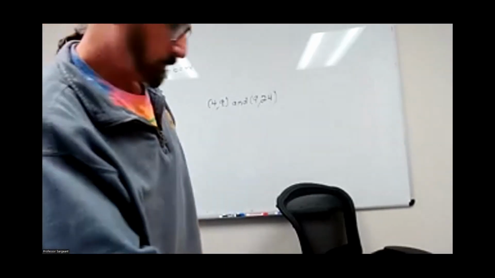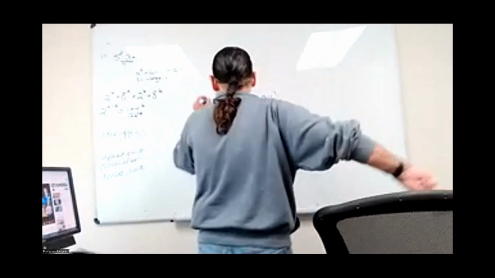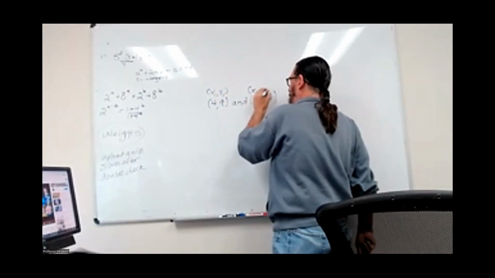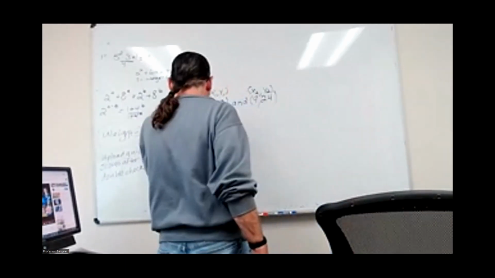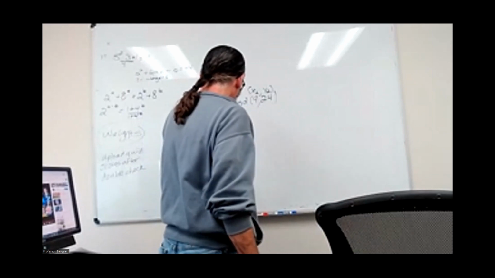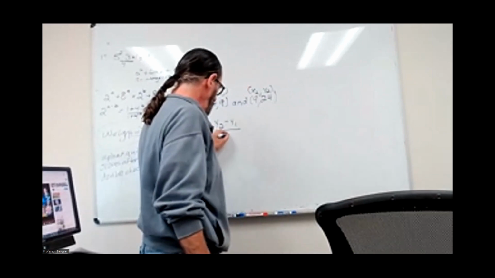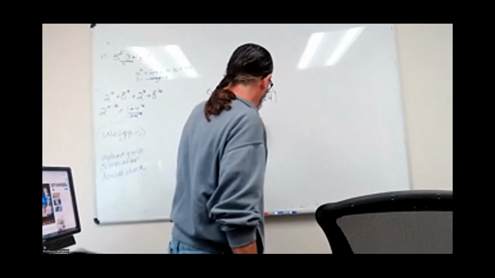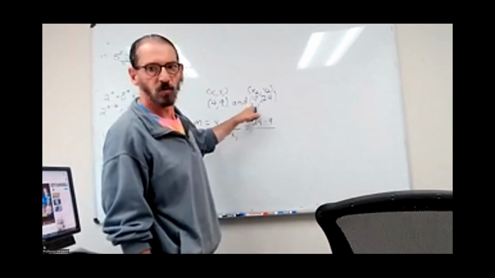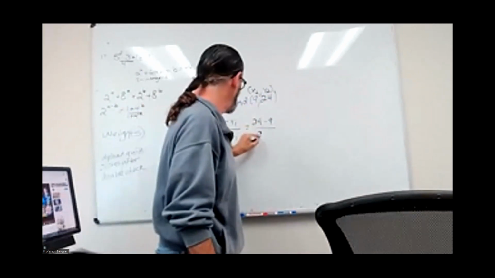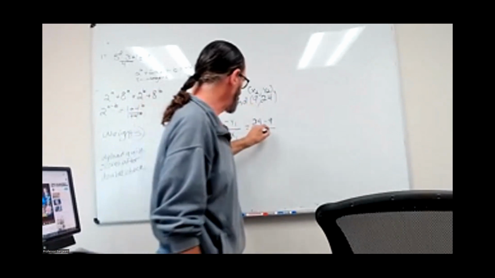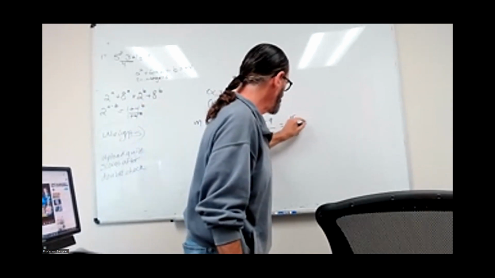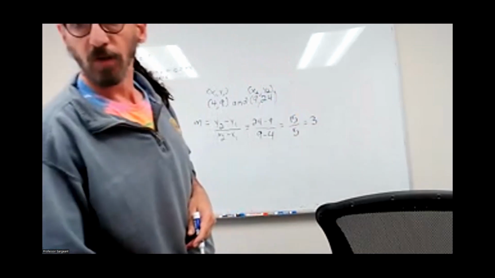Let's call this our first point, so x1, y1 and x2, y2. Our formula for slope, y2 minus y1, all that over x2 minus x1. Got 24 minus 9 in the numerator. Since I started with 24, I've got to start with a 9 in the denominator and subtract the other x coordinate. So that's giving me 15 over 5. My slope is 3.